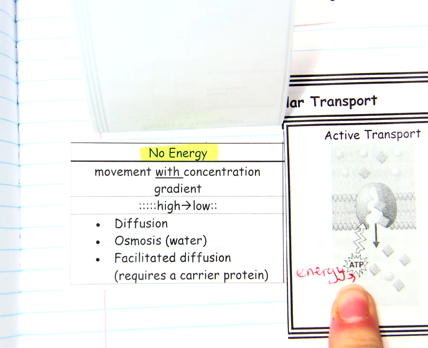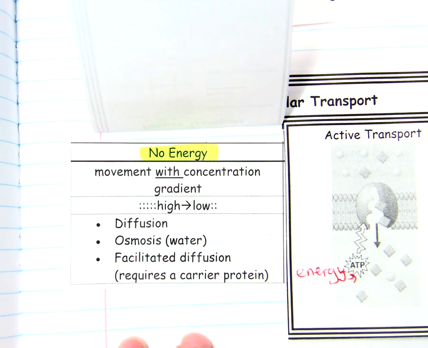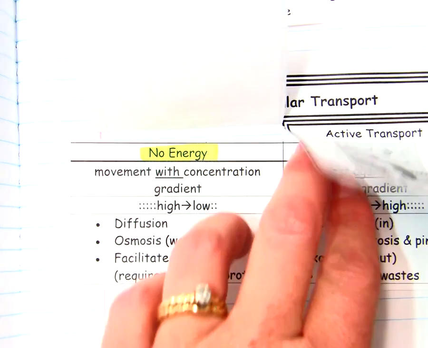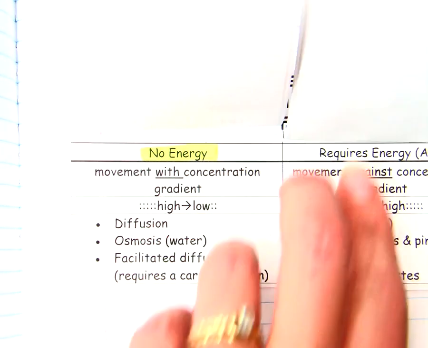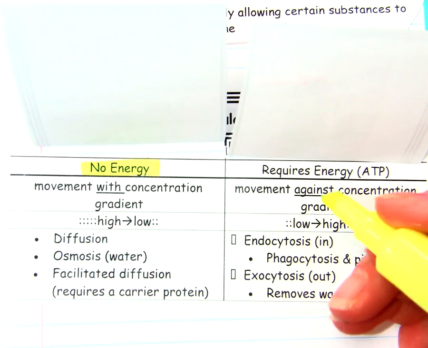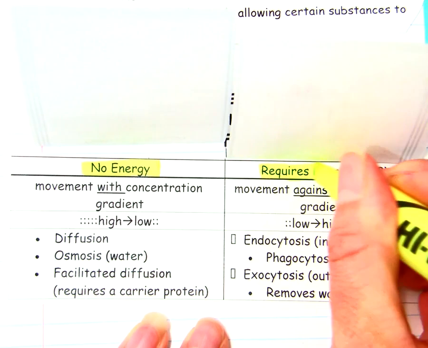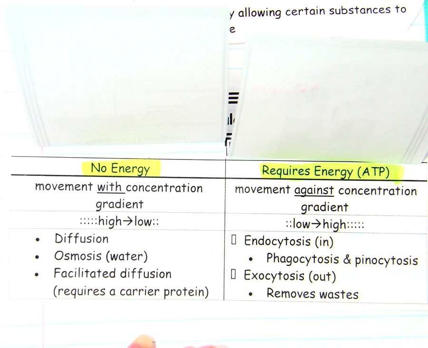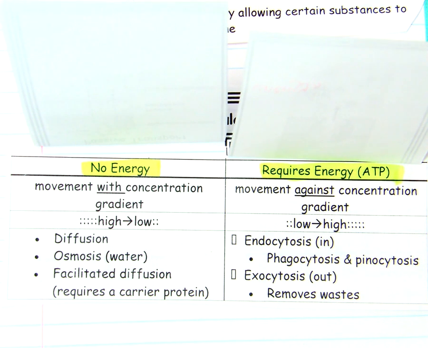ATP is the energy in the cell. So active transport requires energy, it requires ATP. If I give you a picture on a test, you're going to look for those letters. That's going to tell you if it's passive or active.